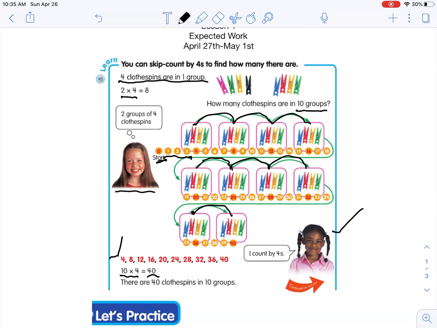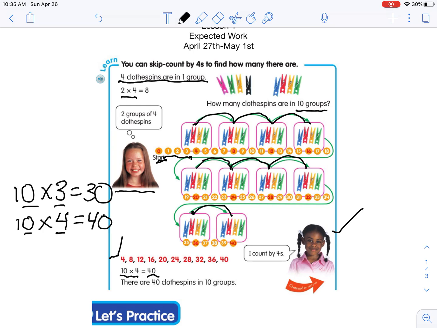Remember, we've also talked about when I'm multiplying something by 10, 10 times 4, I know if I take that 4 and I add that 0 from my 10 to it, I get 40. Same thing like we did when we were skip counting by 3s. 10 times 3.